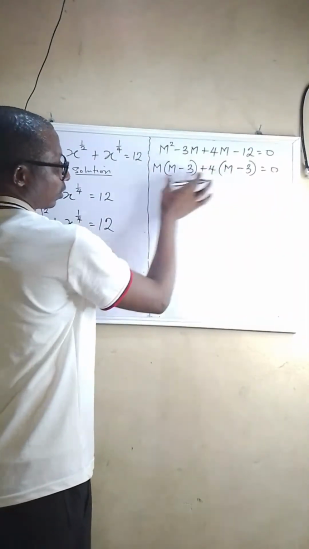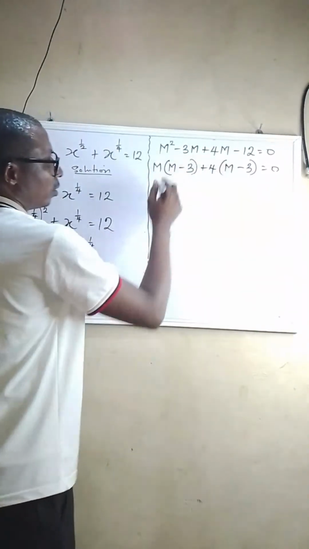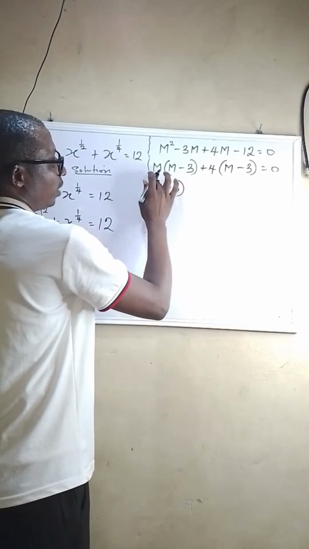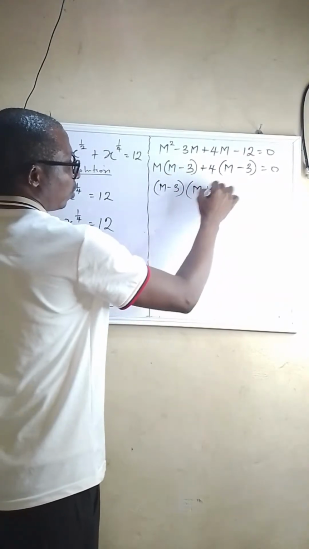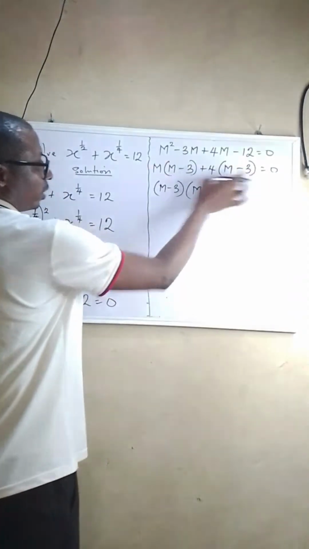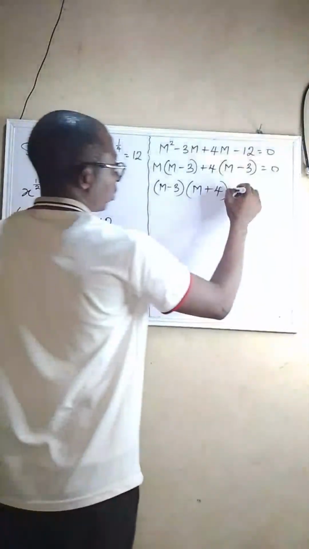The common factor, what can go completely in this and can also go here, is m minus 3. So when you divide this, you are left with m plus 4. So you just bring this out, and you are left with m minus 3 times m plus 4 equals 0.